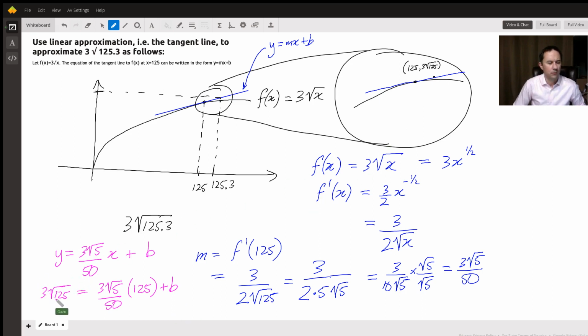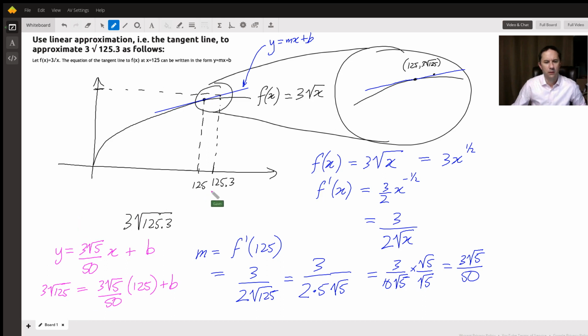So 3 root 125 is 3 times 5 times root 5.